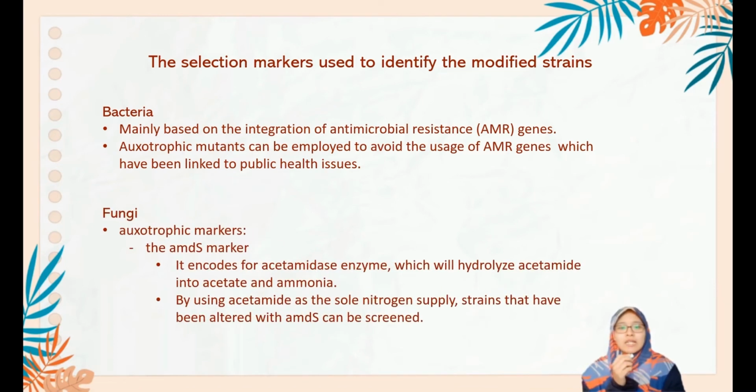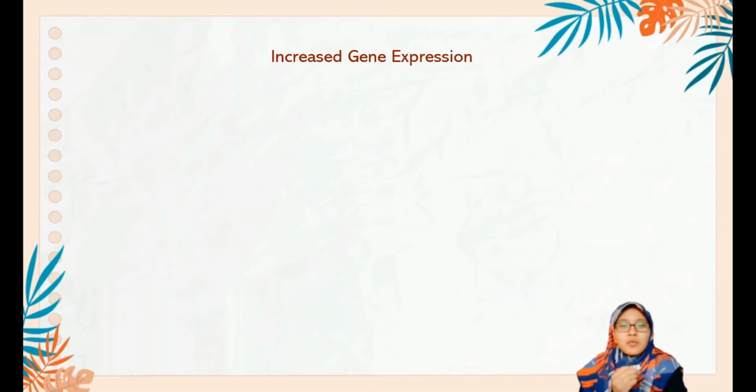As for fungi, the selection markers used are auxotrophic markers, such as the amdS marker, which encodes the acetamidase enzyme that hydrolyzes acetamide into acetate and ammonia. By using acetamide as the sole nitrogen supply, the strains that have been modified with the amdS marker can be screened.